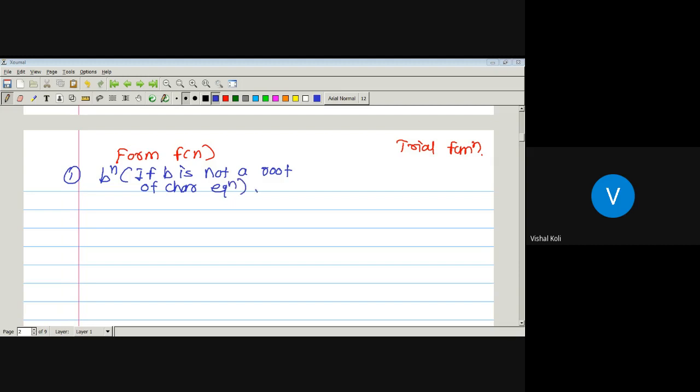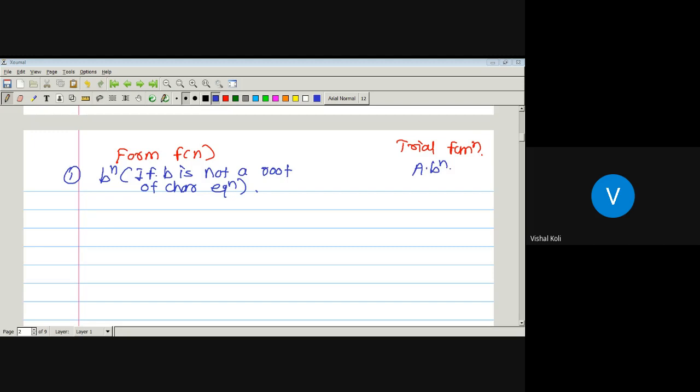Whenever b is any constant, suppose 1, 2, 3, 4, whatever it is, raised to n, there are two possibilities. Either b is a root of the auxiliary equation or it is not. First we see the case in which b is not a root of the characteristic equation. In that case the trial function is just a into b raised to n.